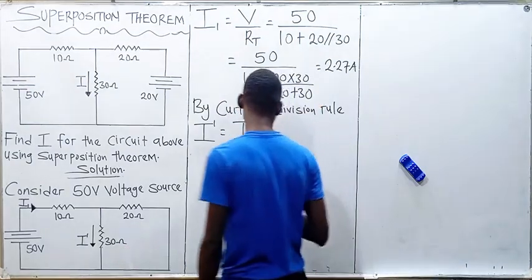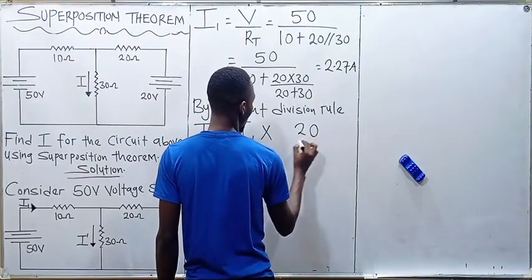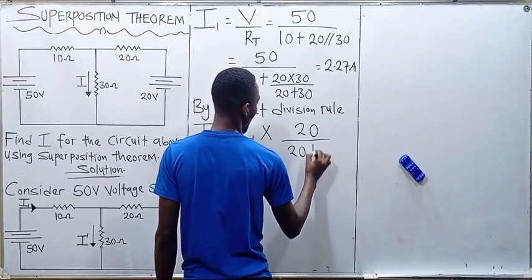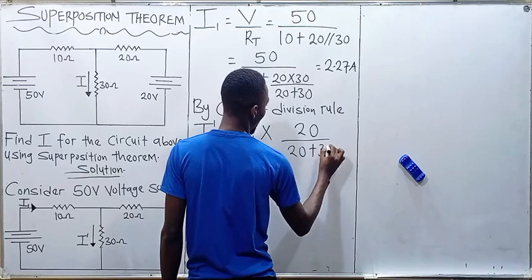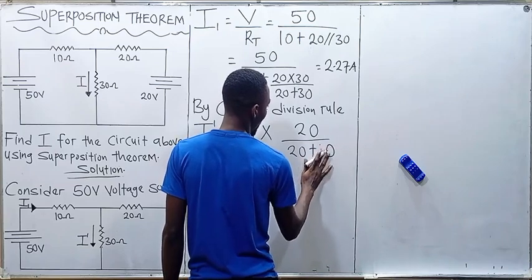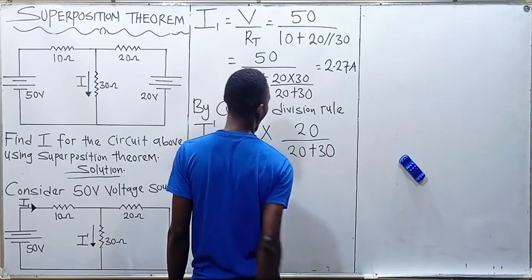So it's going to be 20 all over 20 plus 30.